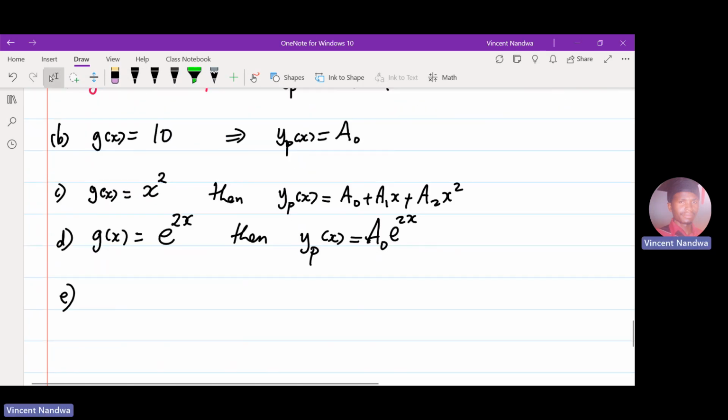And if I have g of x given by x to the power 4 plus 2x plus 9, what will be my yp?